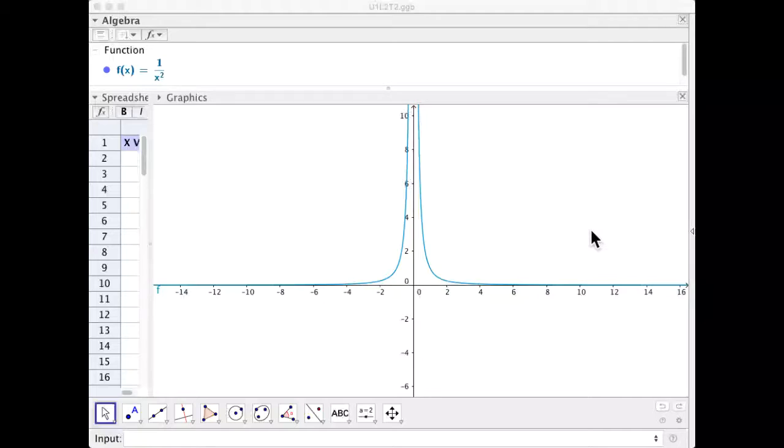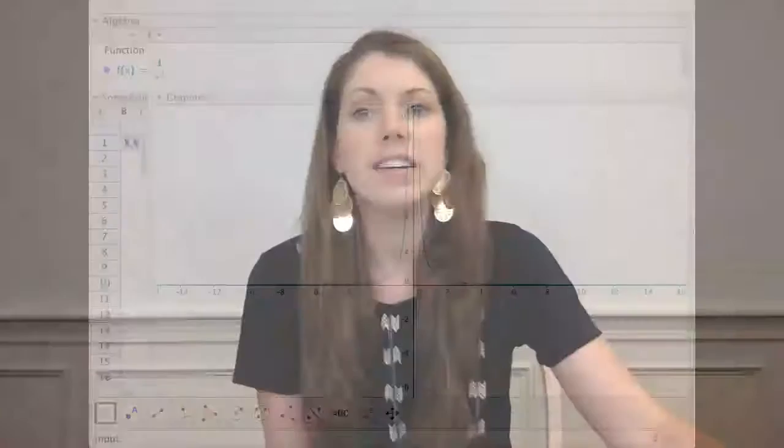So we want to discuss how we talk about this sort of graph using limits and some of the symbolism that we have discussed to this point. So let's go to our window right here.